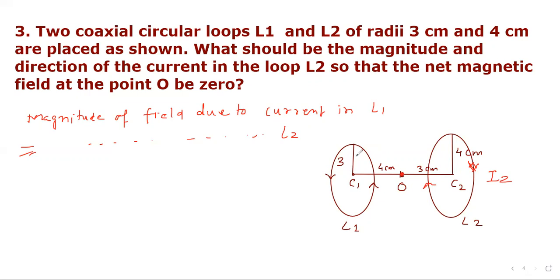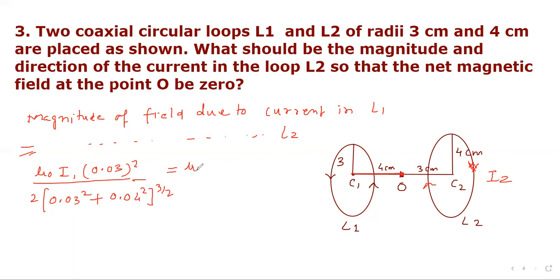The magnetic field at the axis of a current loop is given by mu naught I a square divided by twice of (a square plus r square) to the power 3 by 2. So we put the values: mu naught I1 times 0.03 whole square divided by twice of (0.03 whole square plus the separation, this is 4 centimeter, 0.04 square) whole power 3 by 2 must be equal to mu naught I2, for the second loop's magnetic field at this point.